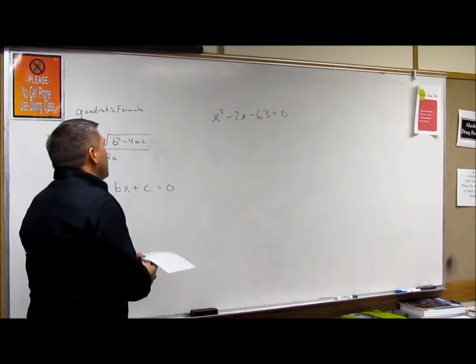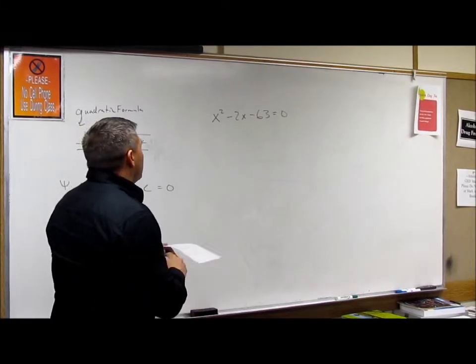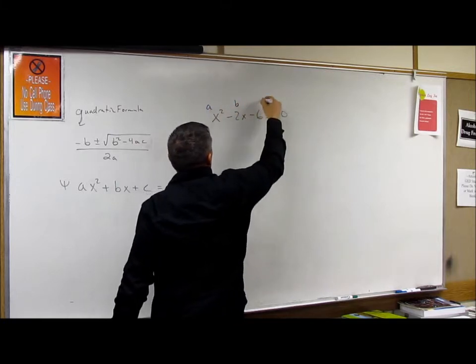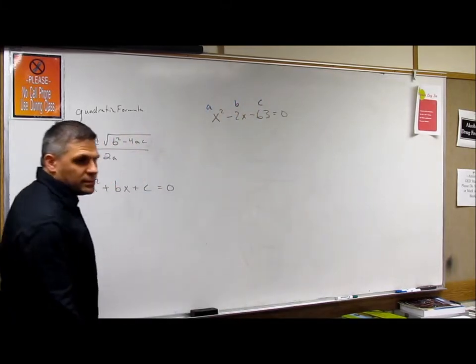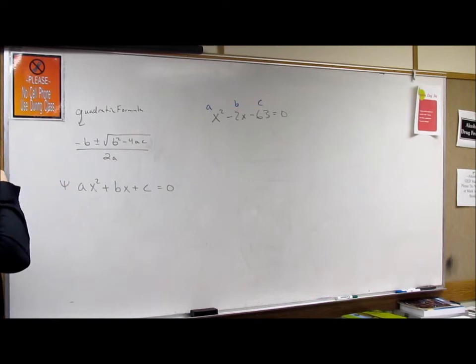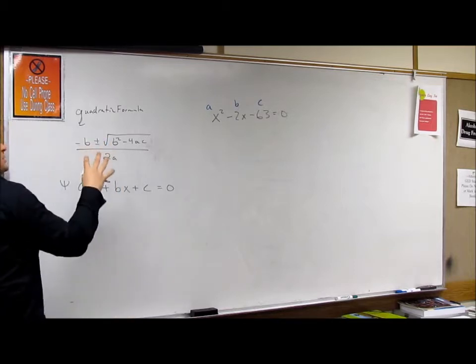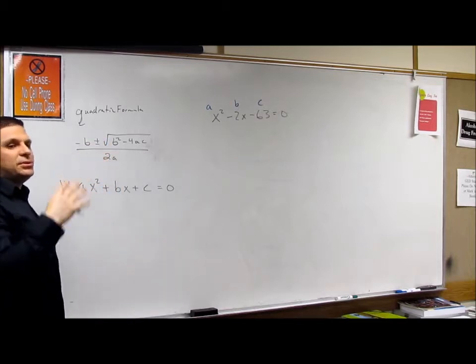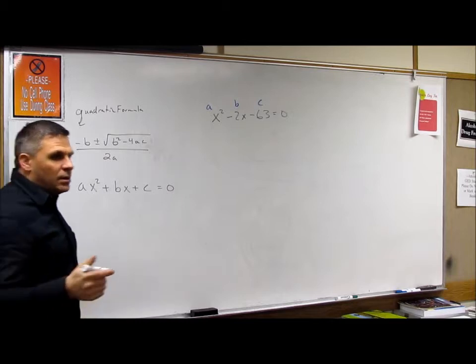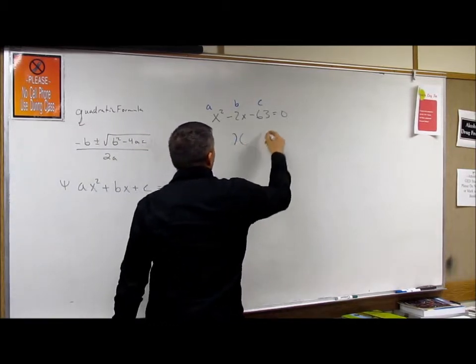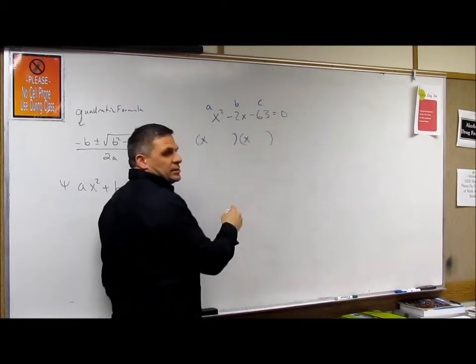Well, that means I have a, b, and c. And as long as it's equal to 0, I can solve. So this is a solution to the problem. And normally we would break the problem down, factor it, x, x.